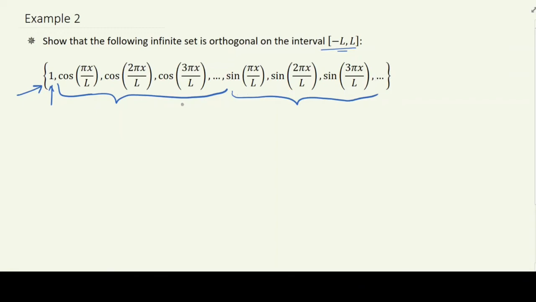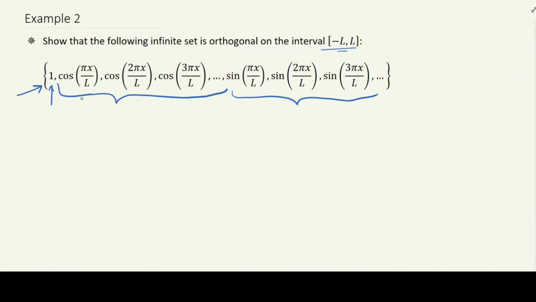So similar to the previous example, the most effective way to calculate all those infinite number of inner products of the pairs of functions is to classify all these functions in a proper fashion. So the first class is going to be just 1 itself.